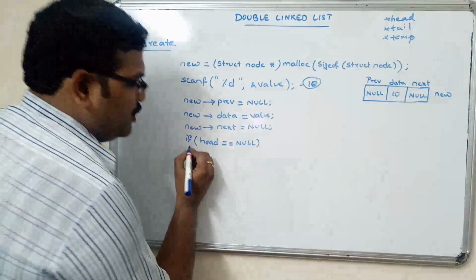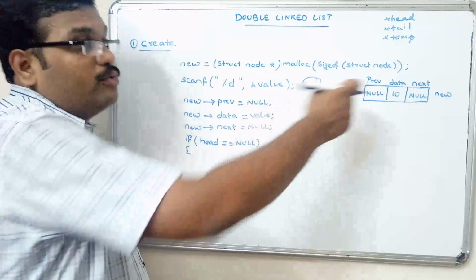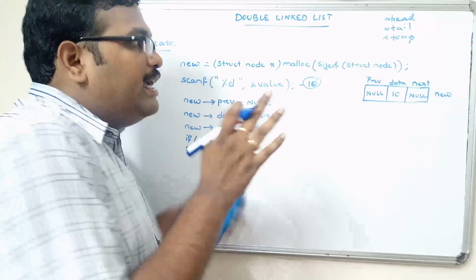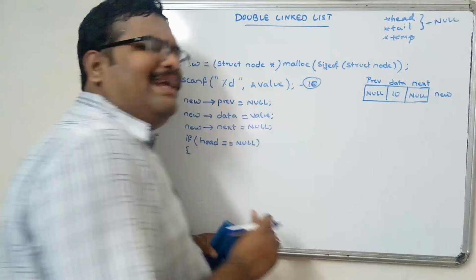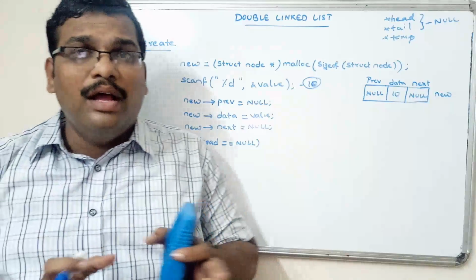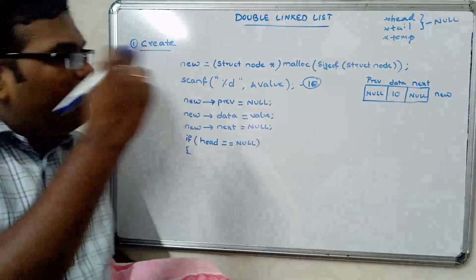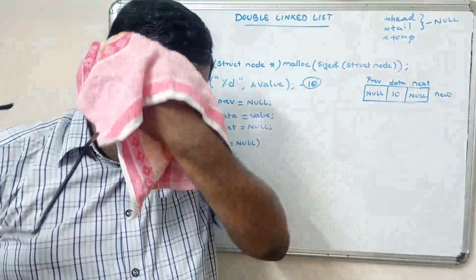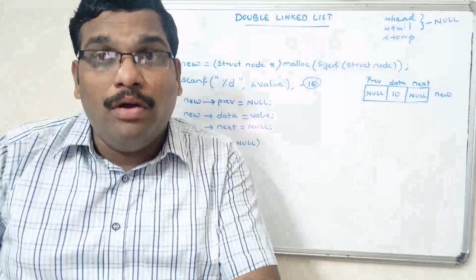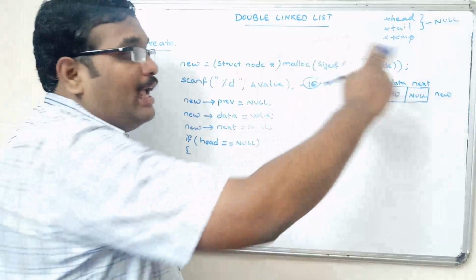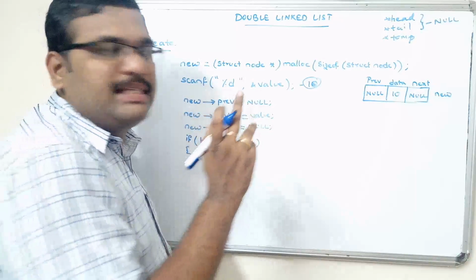If head is equal to null, then we have to assign the head and tail to this same node, because initially these both are null. Head doesn't point to any node; similarly, tail doesn't point to any node. Now we have inserted one element, so automatically the head and tail will be pointing to the single node, the same node.